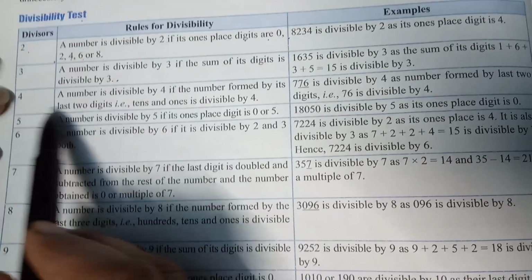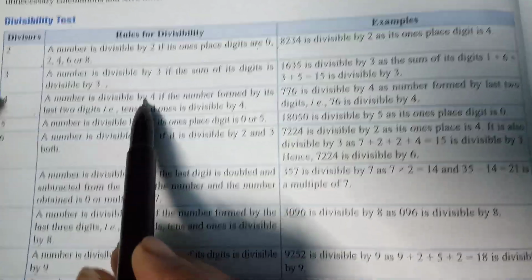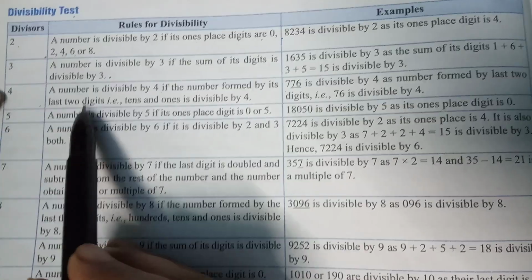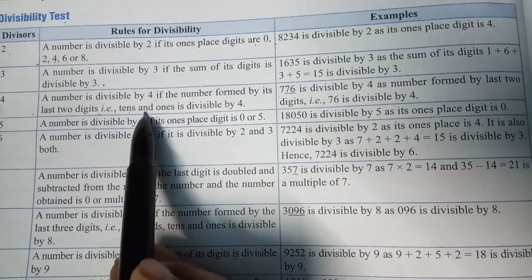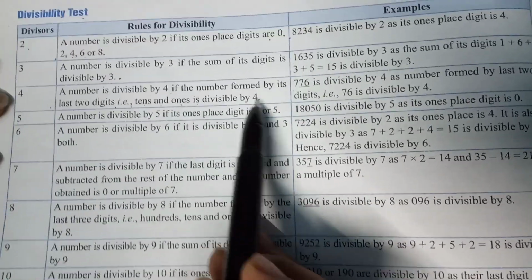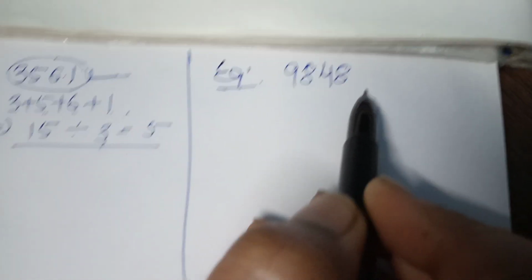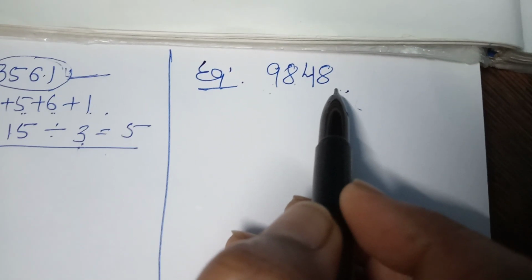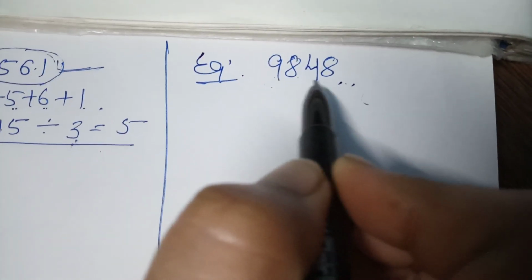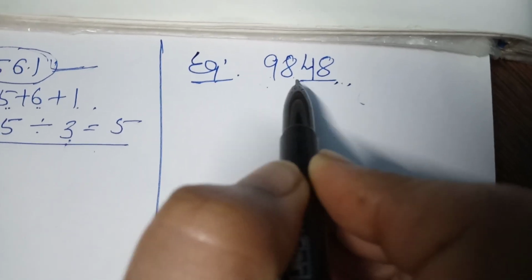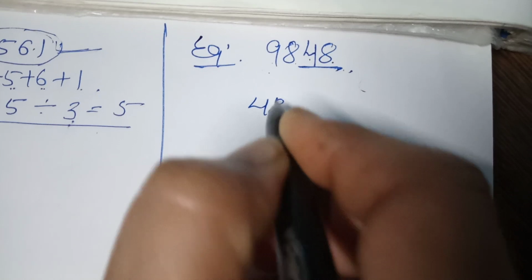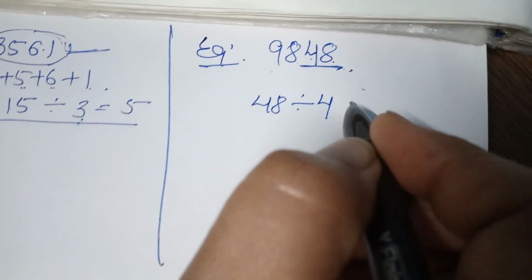Now the divisibility test for 4. A number is divisible by 4 if the number formed by its last two digits, that is tens and ones, is divisible by 4. Take 9848. Now we have to check whether this number is divisible by 4 or not. We will concentrate on the last two digits, that is 48, and 48 is completely divisible by 4.